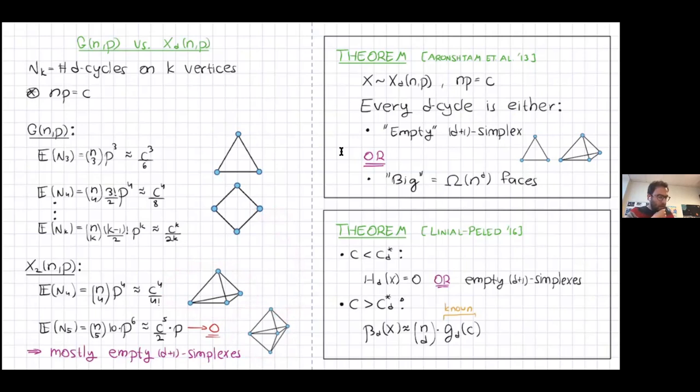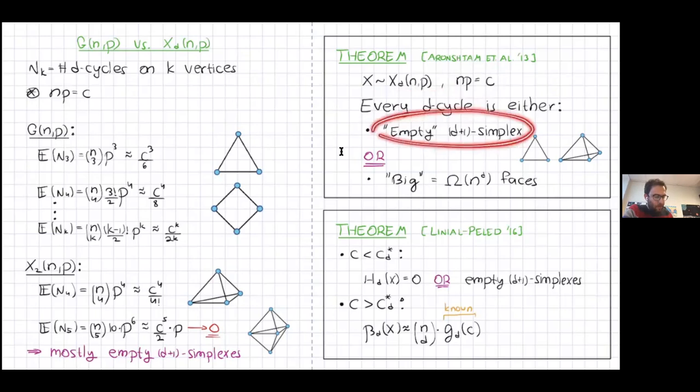And this is backed up by the following two theorems, from which the first theorem I showed you can be concluded. The first theorem is a statement by Aronshtam et al. from 2013. What they show is that in this regime, when np is constant, almost what I told you is true. If there is a D-cycle in your complex, then there are two options.